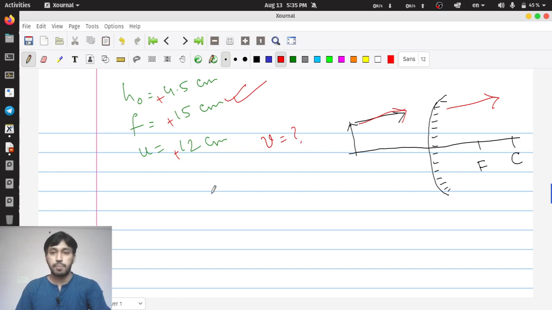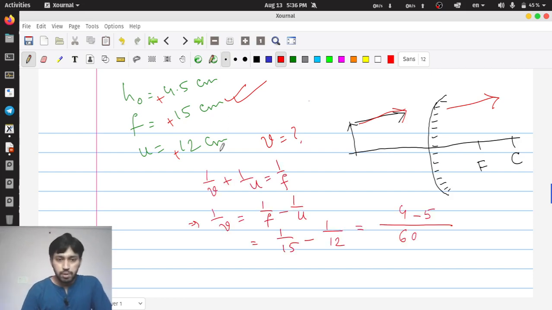Sorry, one mistake I have done here. The distance U is on the left hand side. This is the pole of the mirror, and U is from here to here. So U will be negative. Just put U as minus 12.